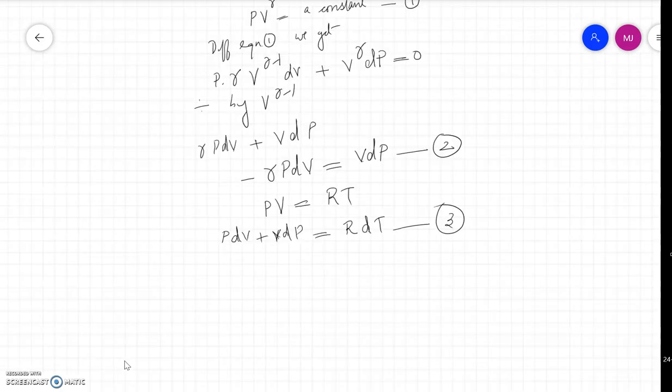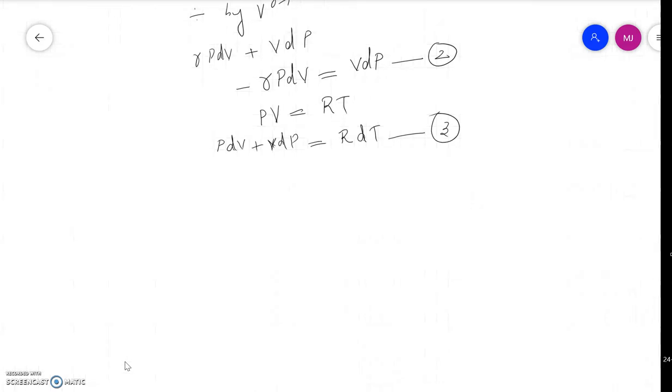Now we are going to substitute 3 in 2. So what we will get is minus gamma P dV, that is equal to R dT minus P dV. We have substituted for V dP.